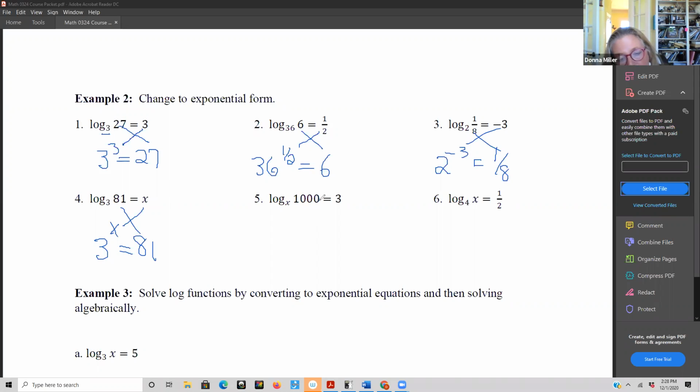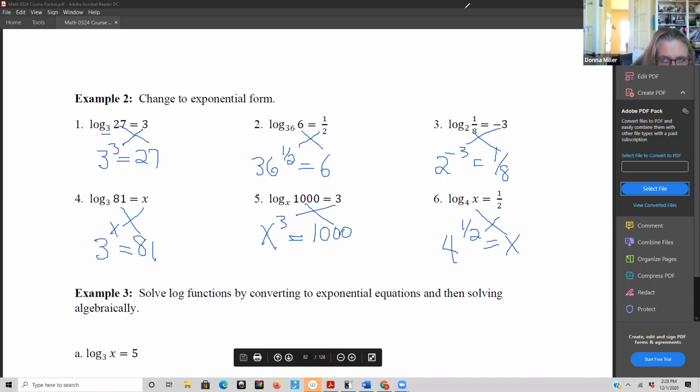And even if the base is x, x to the third is 1,000. That's the exponential form of it. Keep the base, switch y and x. Okay, last one, keep the base and switch y and x. So 4 to the 1/2 equals x. So that's really all you have to do to change forms. All right, so why do you change forms?